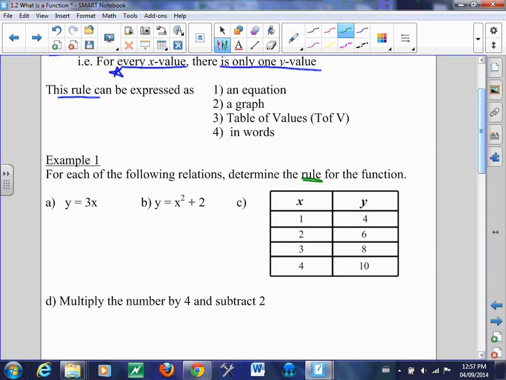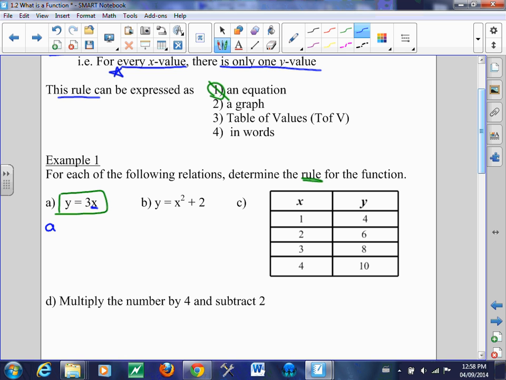So let's take a look at A. It says y equals 3x. So the equation has already been given, so we're not going to be able to use that. We can either graph it to explain it, make a table of values, or use words. I think words is easy, and it depends on your input versus your output. So the input is the x, as we learned in warm-ups, or the independent. So you're going to say, take a number, and then what do we do to it to get 3x?